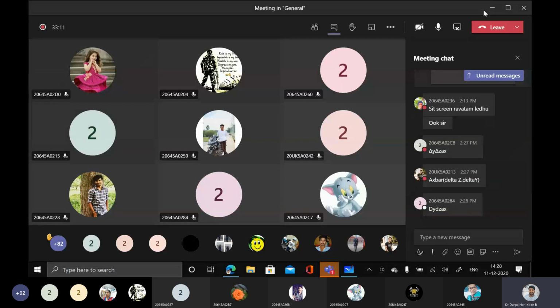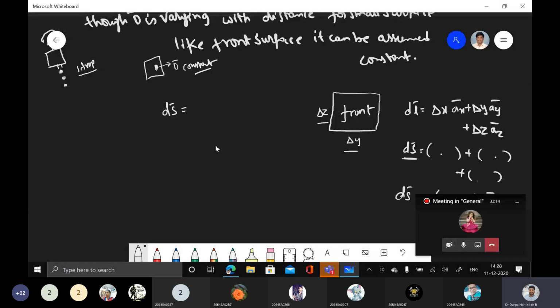So delta y, delta z, ax, right? Absolutely right. So simple. So dy dz, okay, this is delta y delta z and ax bar. See, the normal to this particular surface is in the x-axis direction.